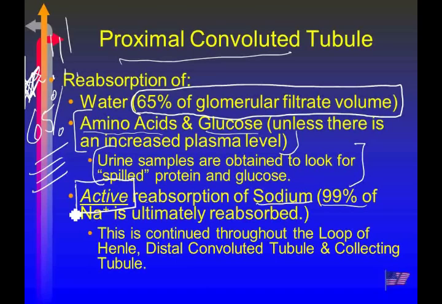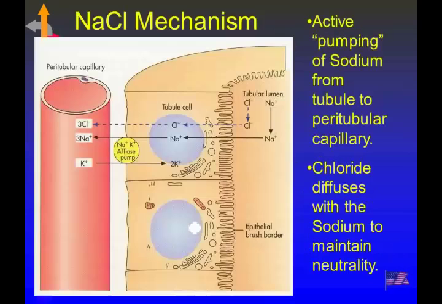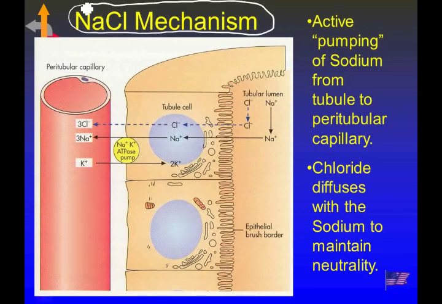But this is the starting point where there's an active reabsorption of it. And that active term is key. Okay? And again, this is continued as you go down further, but this is where most of it occurs. And we're going to call this active reabsorption of sodium the sodium chloride mechanism. There are 3 different ways that sodium is ultimately going to be reabsorbed. The first one of which is using an ATP pump, which means there's got to be energy applied to pull the sodium back in again.